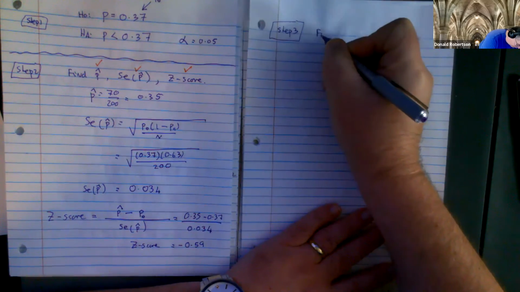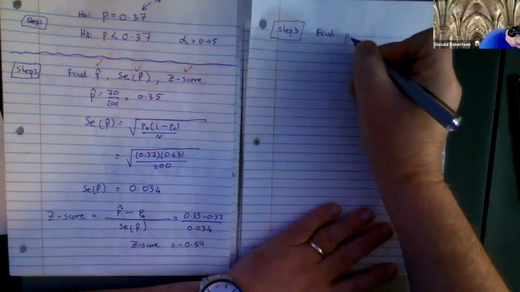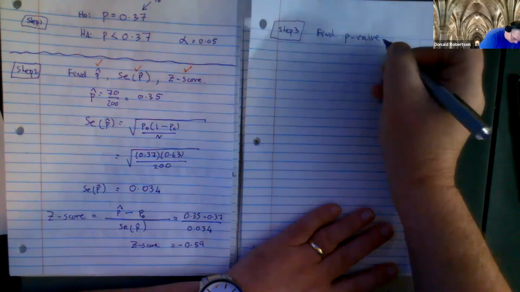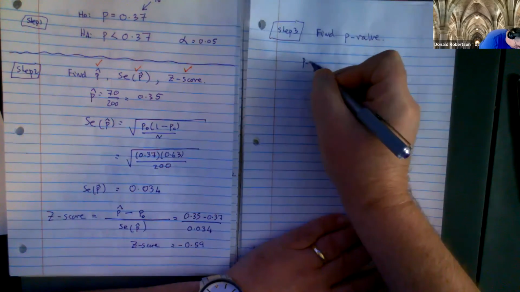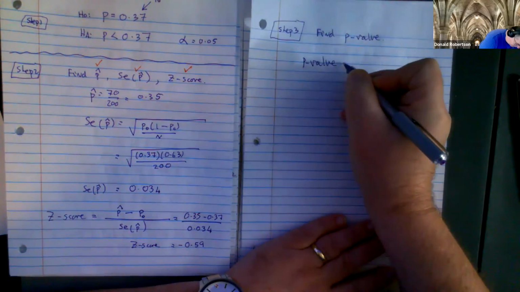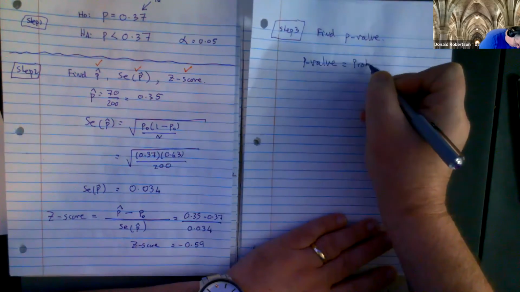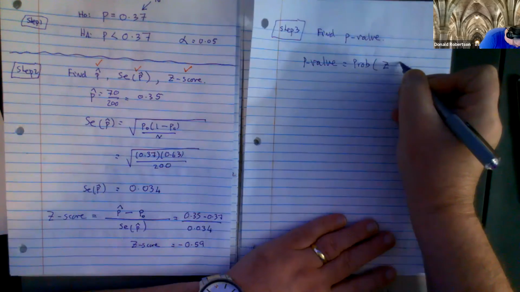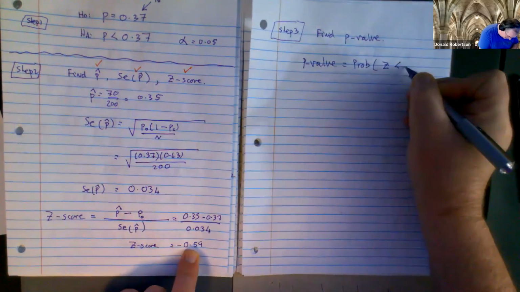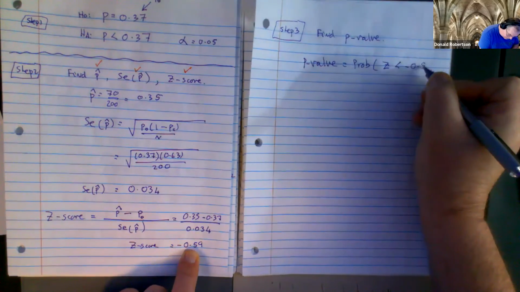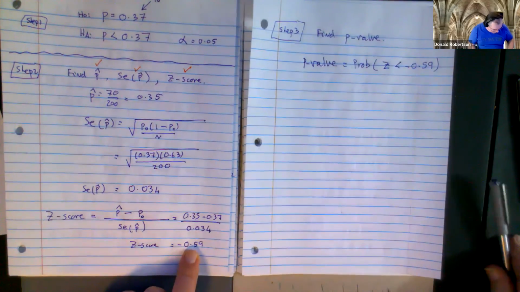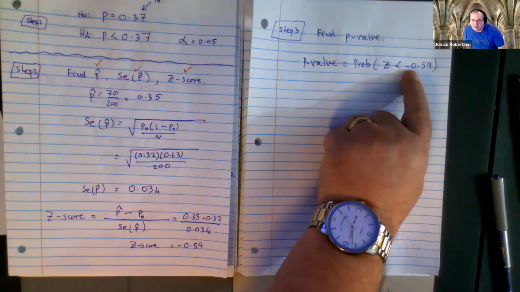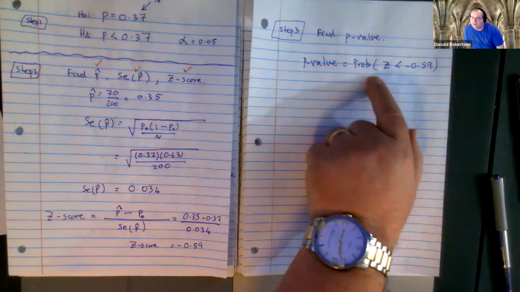You're going to find this magic guy called the p-value. And in this case, the p-value is the probability that you get a z-score less than negative 0.59. So that's basically how unusual is it to get that kind of z-score. That's essentially what this is calculating.